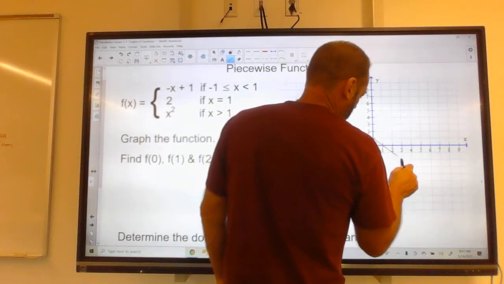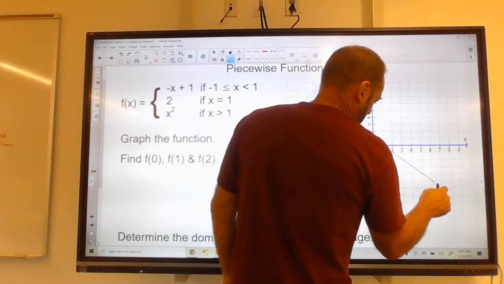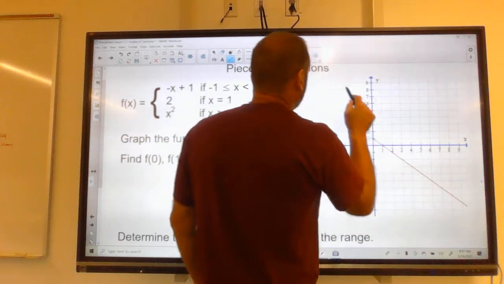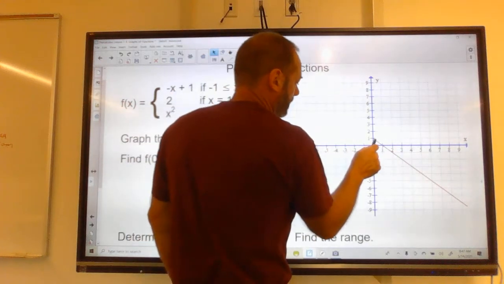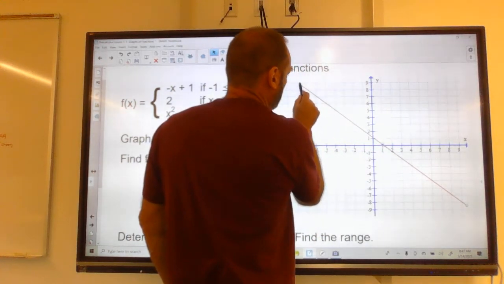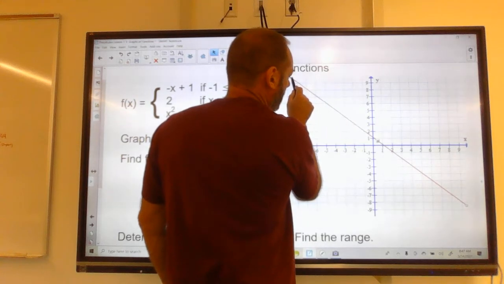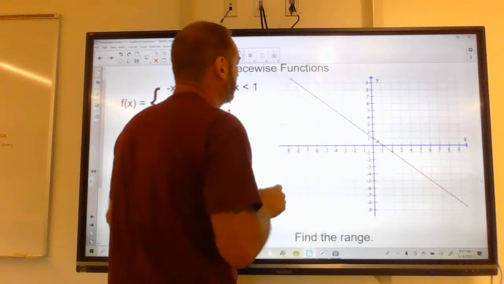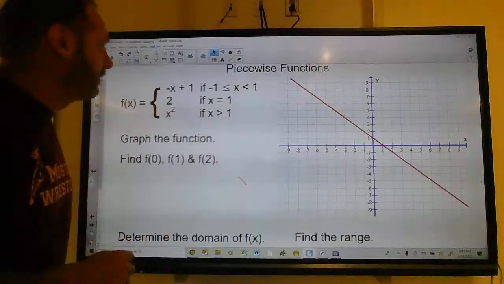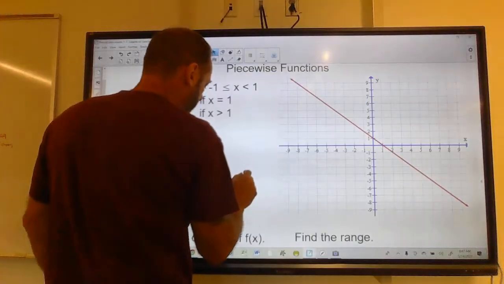It would look just like that. That's a little bit skinny. We're going to make it a little wider so you can see it better. There you go. Okay.